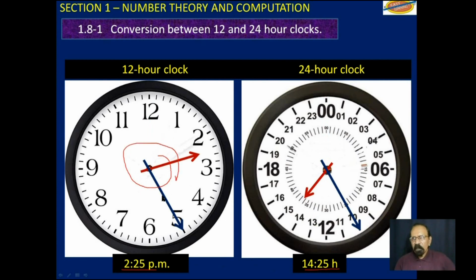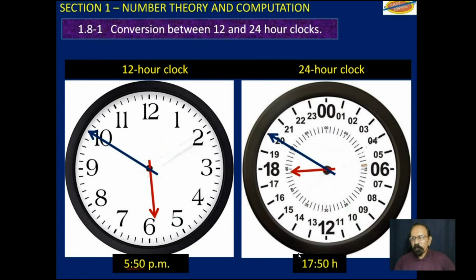We are going now on the second 12-hour, which means that once it passed 1 o'clock on the 12-hour clock, we will add 12. We will add 12 to this to give us the 24-hour clock. So 2:25 p.m. is 14:25 hours.